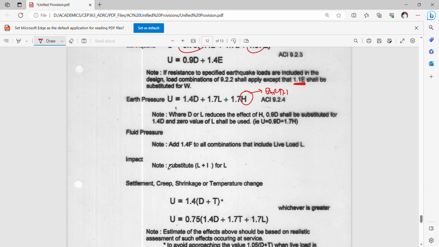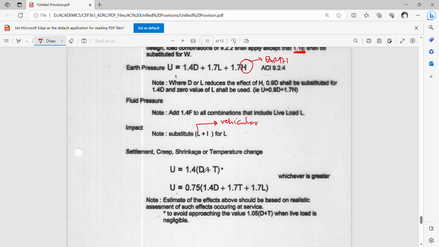And for impact, we can substitute simply your L into L plus I because sometimes impact constitutes vehicular loadings. Okay? Because vehicular loadings are considered live load as well.